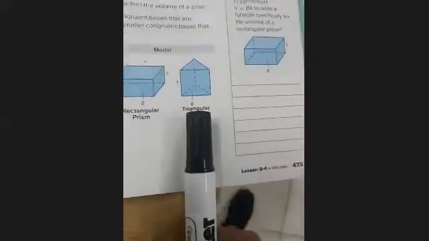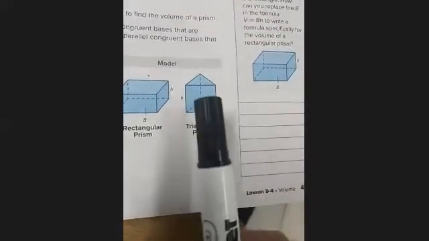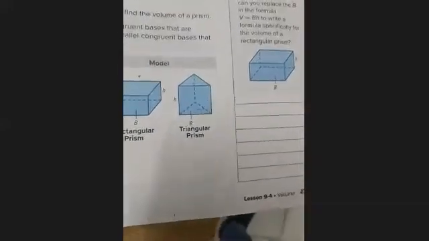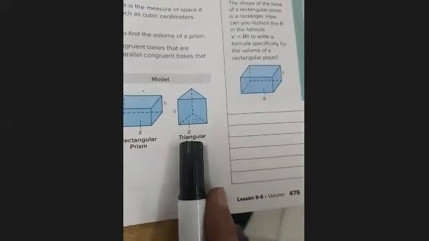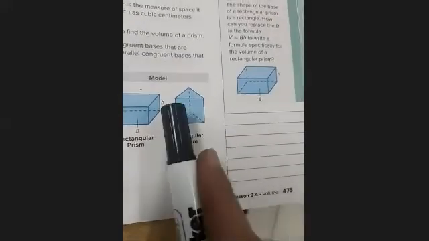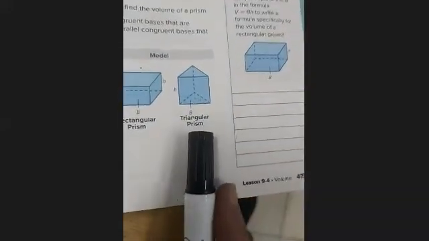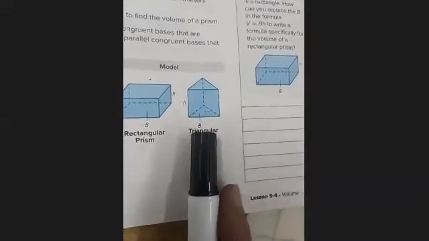Rectangles. Look here, guys. Here we have two bases up and down, and the bases are what? Triangles. That's why we call it triangular. The sides around are rectangles. So what do we call it? Prism. Triangular prism. That's how we name them.